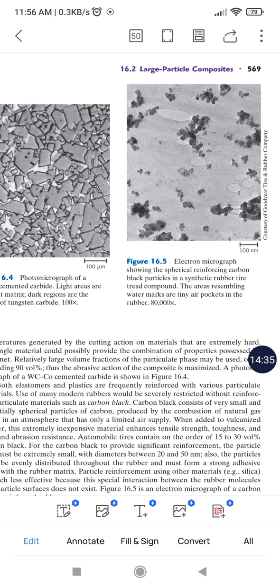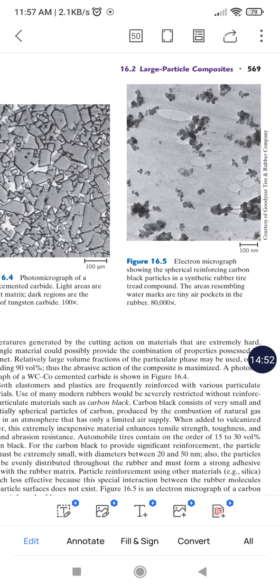Rubber used for making tires is not pure rubber; it is mixed with other materials. Carbon is mixed there, so that is also an example of particle reinforced composites.